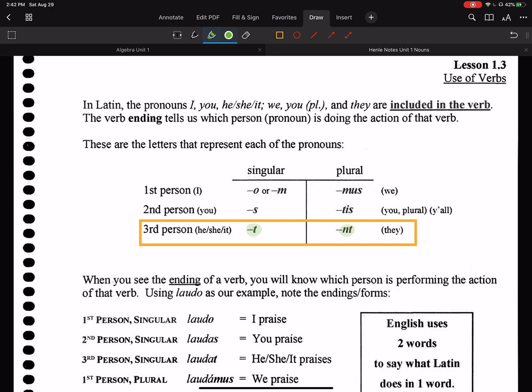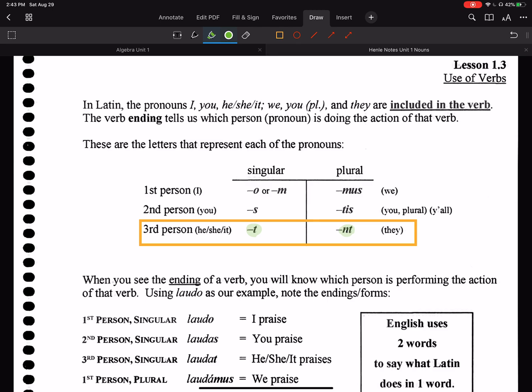And basically, if you see T on the end of your verb, it means that the subject, the person who's performing the action of that verb, is a he, a she, or an it. Now, if you actually have the noun there right in front of the verb, you know who the subject is. Okay, and you don't have to worry about it. You just translate your noun and then you translate your verb, just like you would in English, the subject and then the verb.